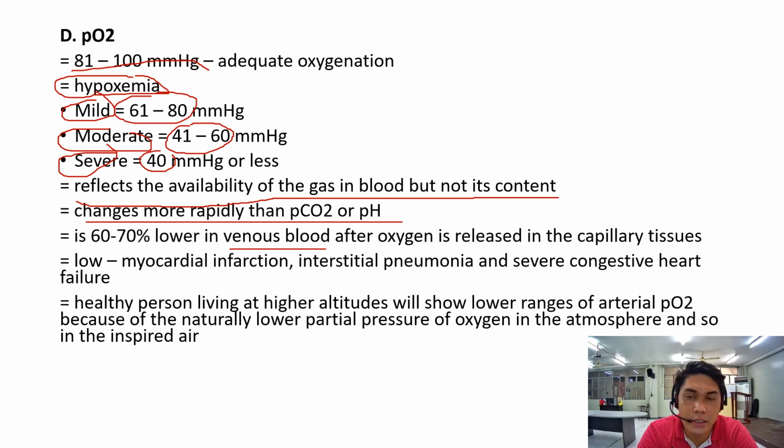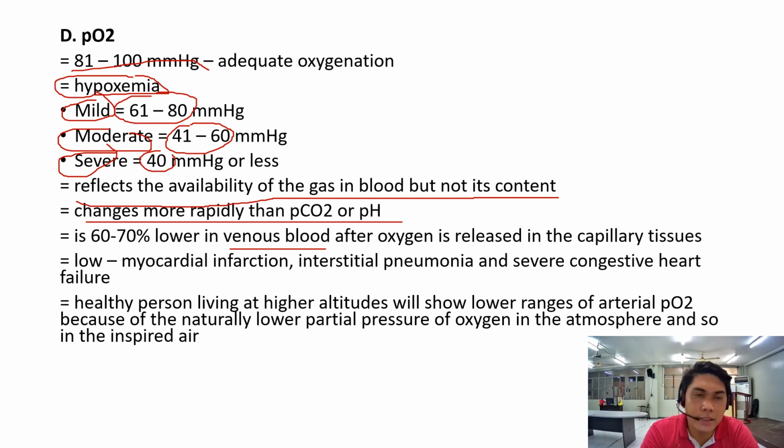Usually, the oxygen that was present in your arterial blood was already consumed by the tissues. So that's why venous blood is 60 to 70% lower in terms of oxygen.